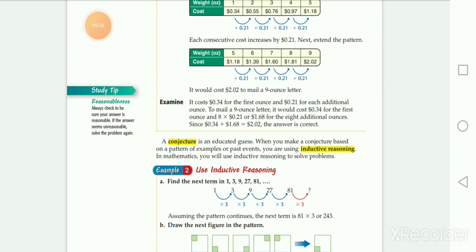I have here something new. A conjecture is an educated guess. You make a conjecture based on a pattern of examples or past events.